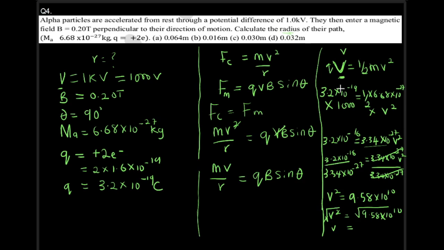Don't forget we had two v's here: big V, uppercase, the potential difference, and small v, the velocity. So the square root of the whole of this gives us 3.095 times 10 raised to the power 5 meters per second.